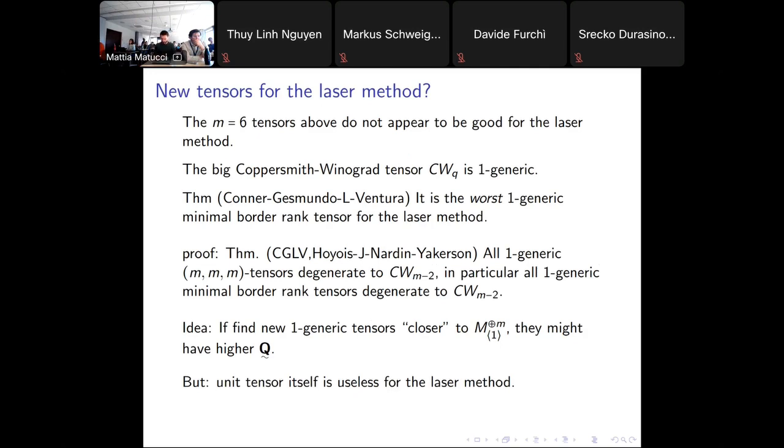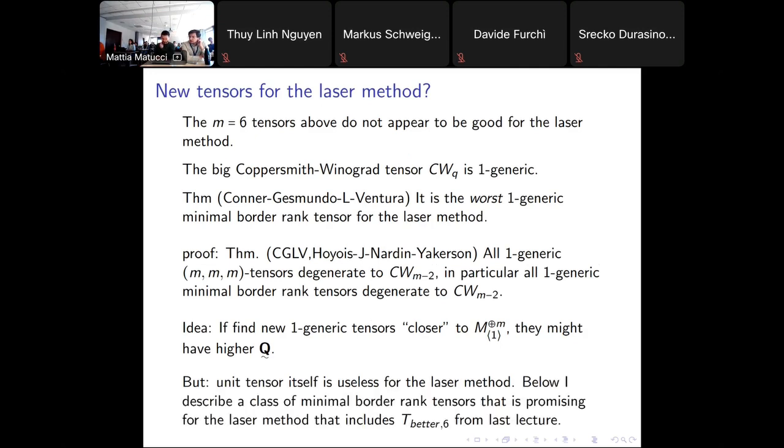This unit tensor, this one that's our benchmark, completely lacks the type of structure you need to use for the laser method. So, right, now I want to describe a class of tensors of minimal border rank that's promising for the laser method, that includes this one from the beginning of today's lecture.